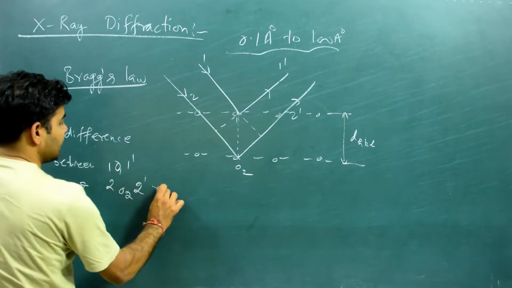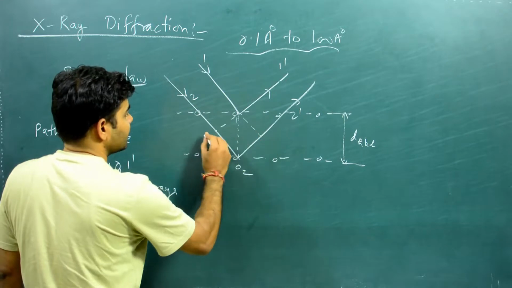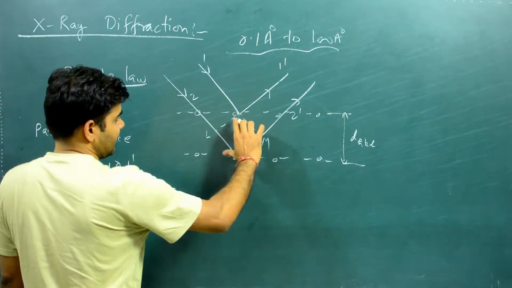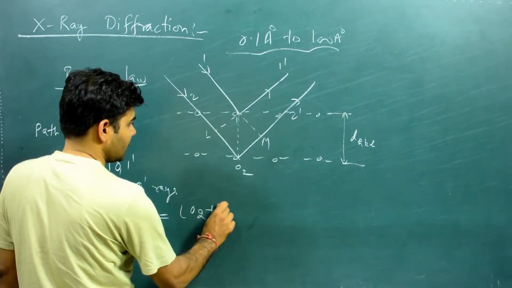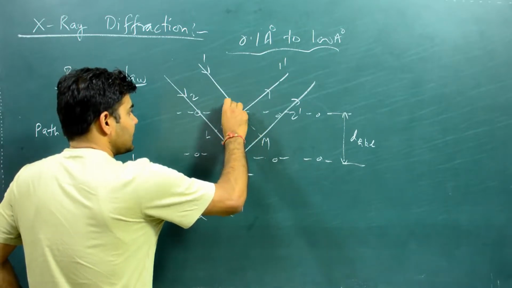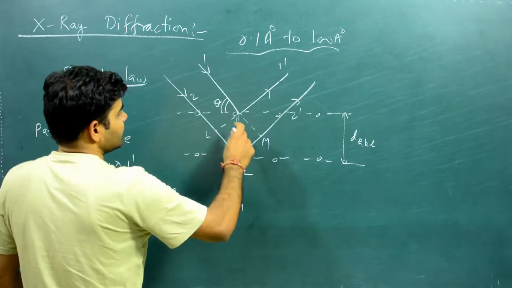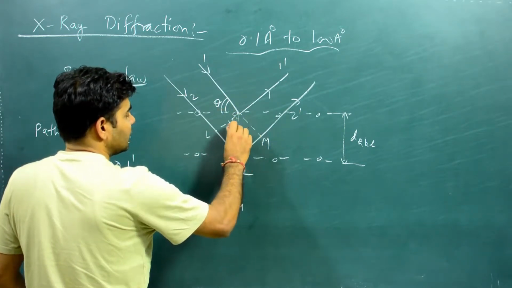The path difference is this much. Suppose I name these points L and M, so the path difference is LO2 plus O2M. Suppose now this angle is theta. This is called the Bragg angle. If this angle is theta, by the geometry you can see that this angle is also equal to theta.